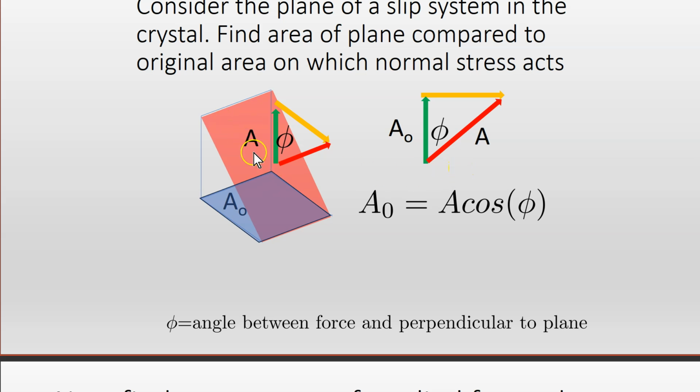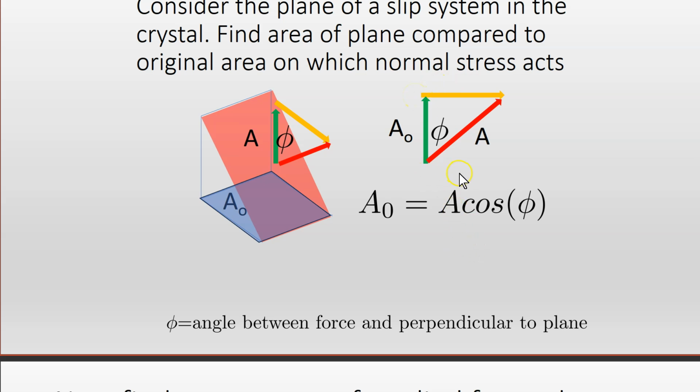We see the area A is larger than A naught, and A cosine phi, the angle between the normal to this inclined plane and the original area here, is given by the green vector. In such a case, A naught is equal to A cosine phi. We can see that from trigonometry.